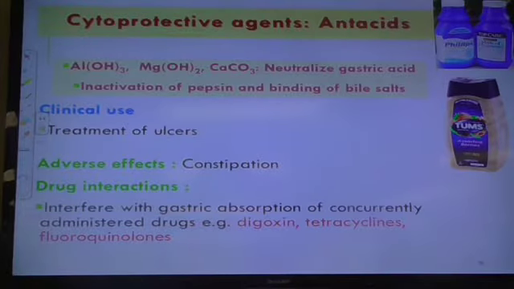It is used for treatment of the ulcer, but the adverse effect is constipation, especially with calcium carbonate.